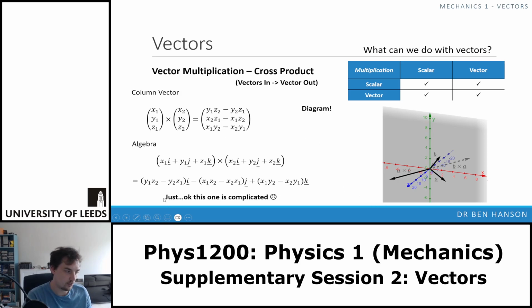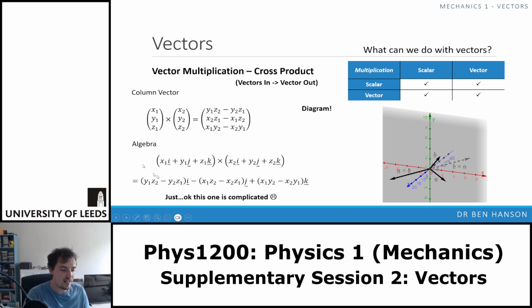Unlike all the other ones where I said, oh, just times it together, just add the components together, this one is a little bit more complicated. So we've constructed the cross product in order to give mod A, mod B, sine theta, and to give us a vector that's perpendicular to both the vectors, right? We've constructed it to be that way.